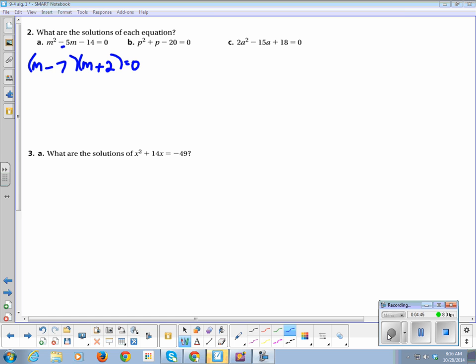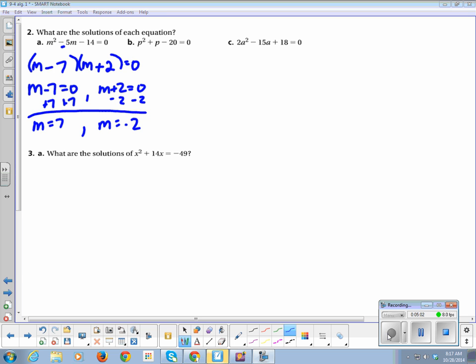All right, so to solve this, easy peasy, we just have m minus 7 equals 0, and m plus 2 equals 0. M is either equal to 7 or m is equal to -2.